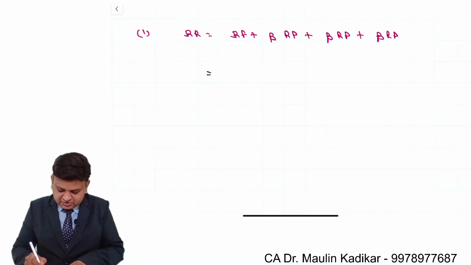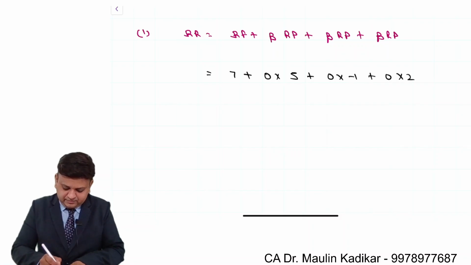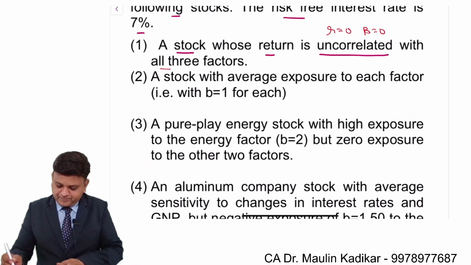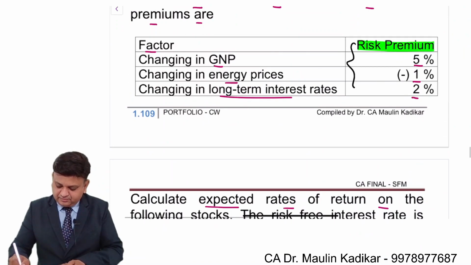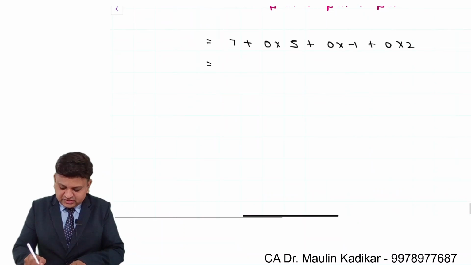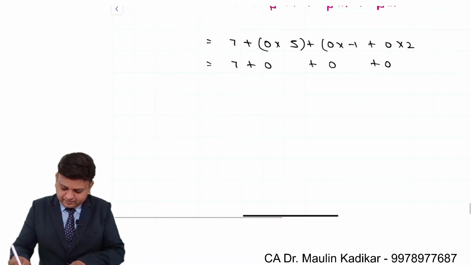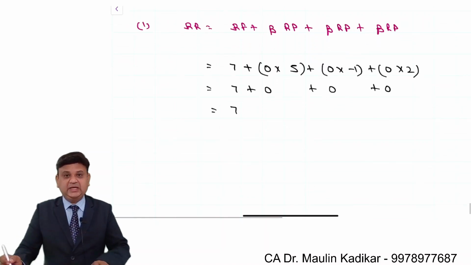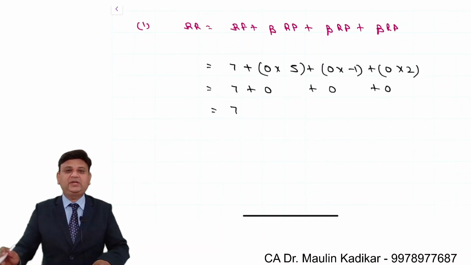It is 7%. 0 into 5, 0 into -1, 0 into 2. This is the risk premium. Suppose it is 7 plus 0 plus 0 plus 0. So overall it comes to 7%. This is the way required rate of return is calculated.